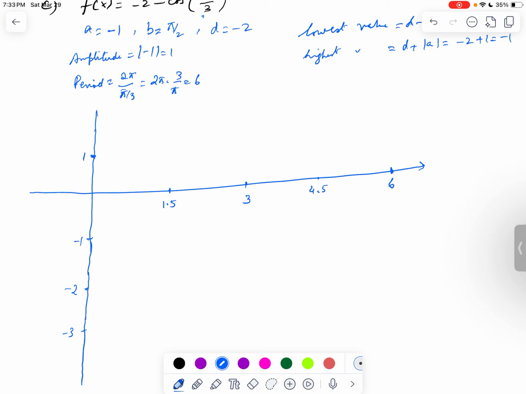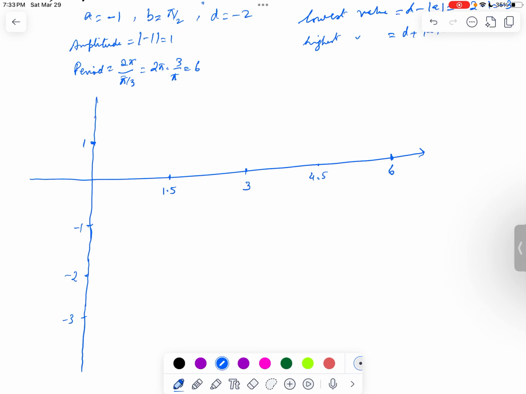Vertical shift is negative 2, so at negative 2 I make a horizontal line and I shift my points here. I am not shifting the values, just shifting the points.